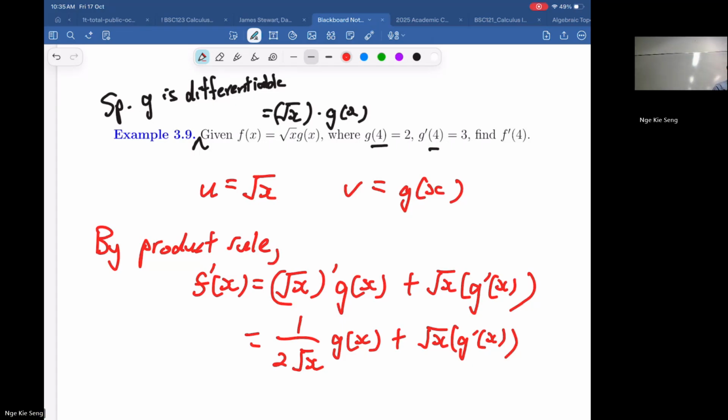If this question only restricts to x equals 4, then this product rule only applies at x equals 4. Does it make sense?